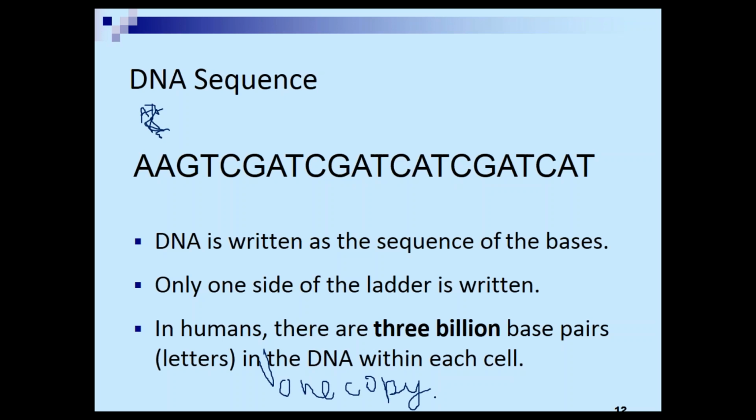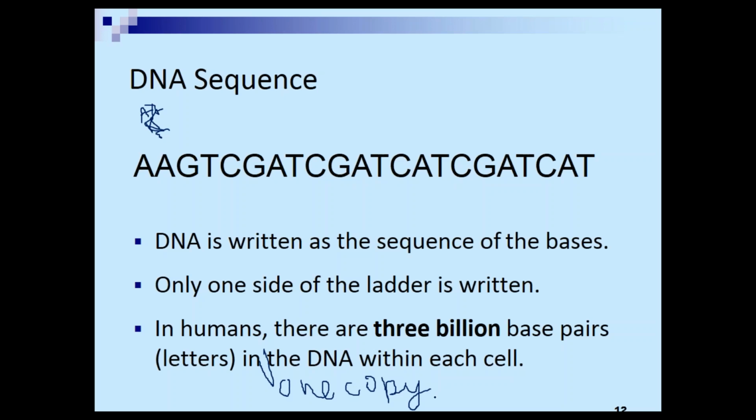Now that's going to become important later on because we're going to realize that because you have a mother and a father, you actually have 2 copies of DNA in each cell. But if we were just talking about human DNA and what the sequence of DNA was, we could talk about either one of those copies, and that would be a sequence of 3 billion.